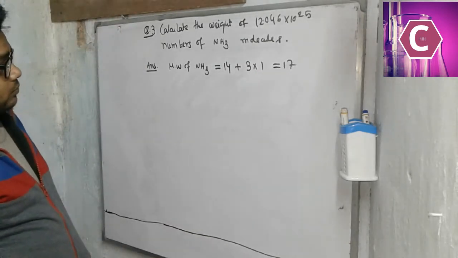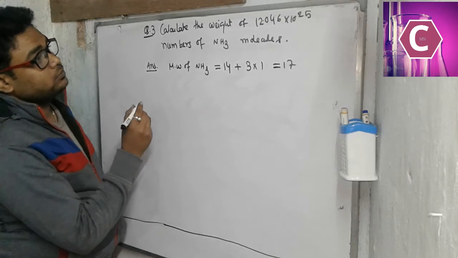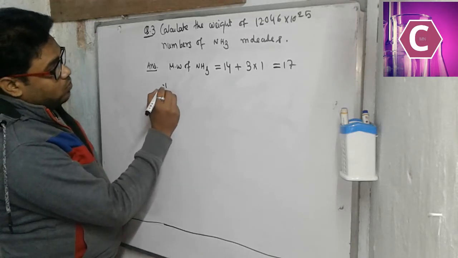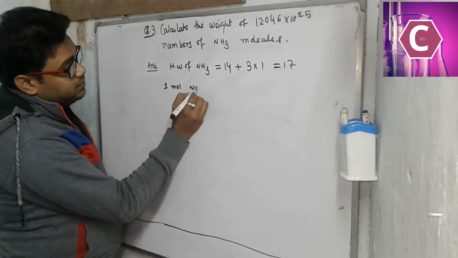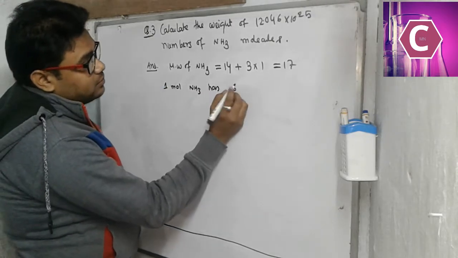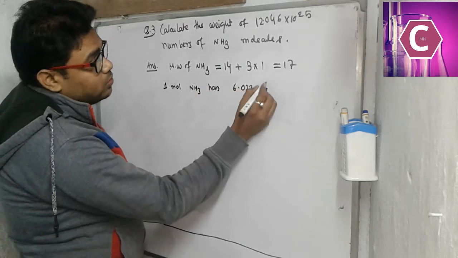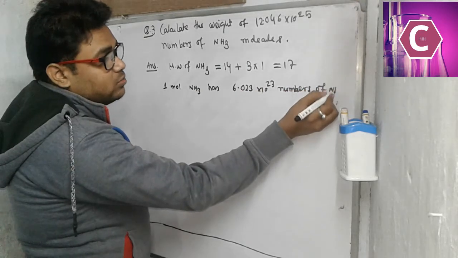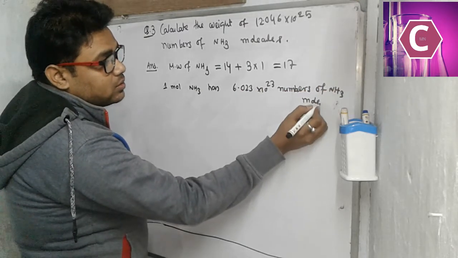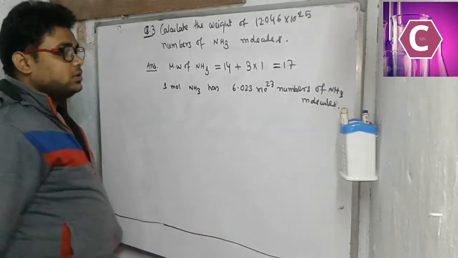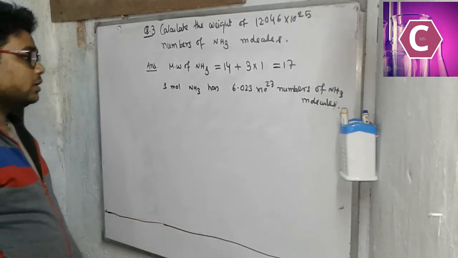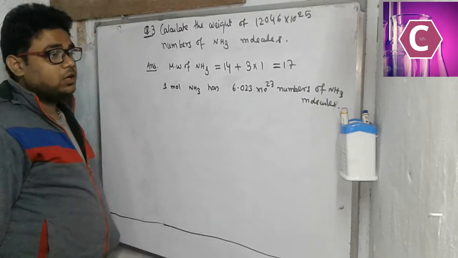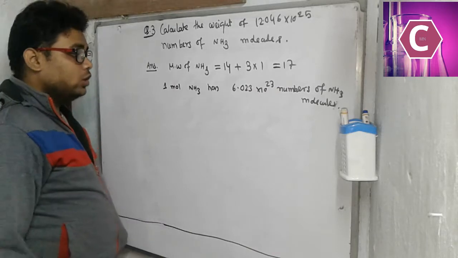Okay, so we know that 1 mole NH3 has 6.023 into 10 to the power 23 numbers of NH3 molecules, right? This is the Avogadro number. So 1 mole ammonia has 6.023 into 10 to the power 23 ammonia molecules.